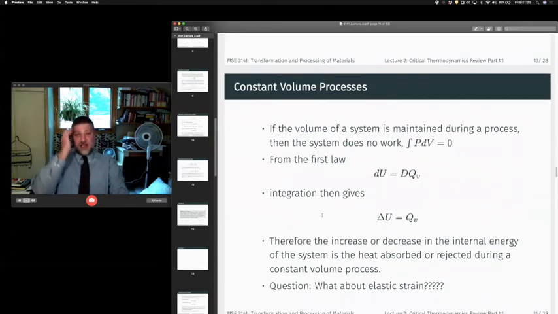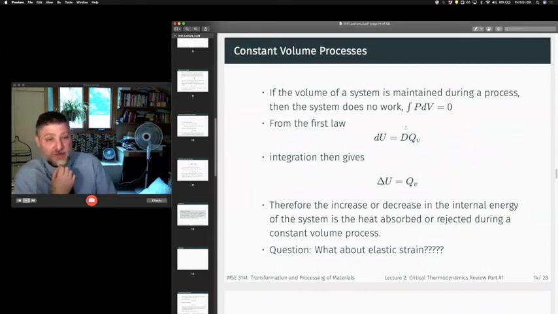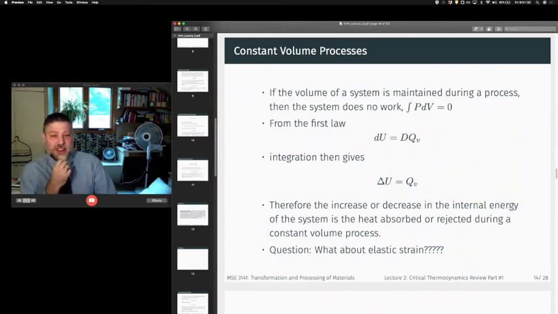What about if we have a constant volume process? Well, if the volume of the system is maintained, we obviously have no work, because we have no pdV term. So that means our change in internal energy is just our heat. So if we're at constant volume, q becomes essentially an exact differential.